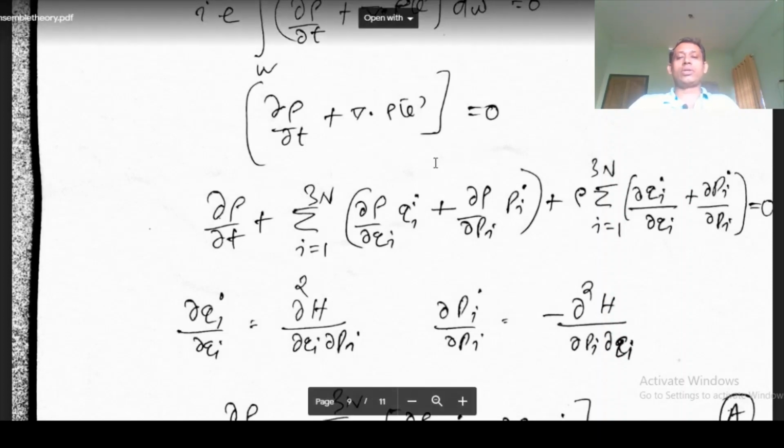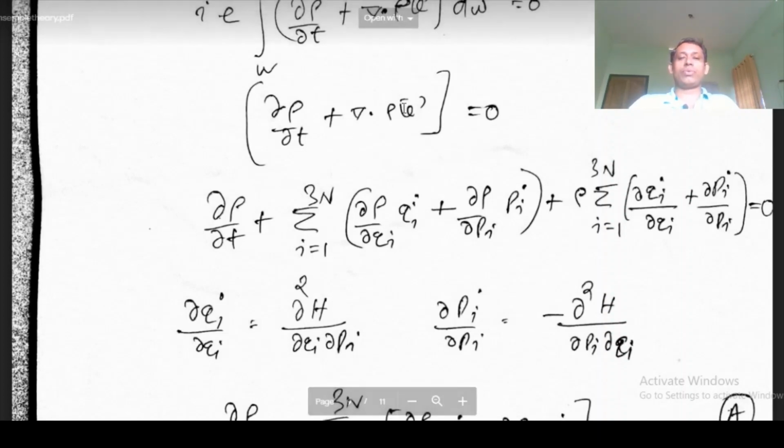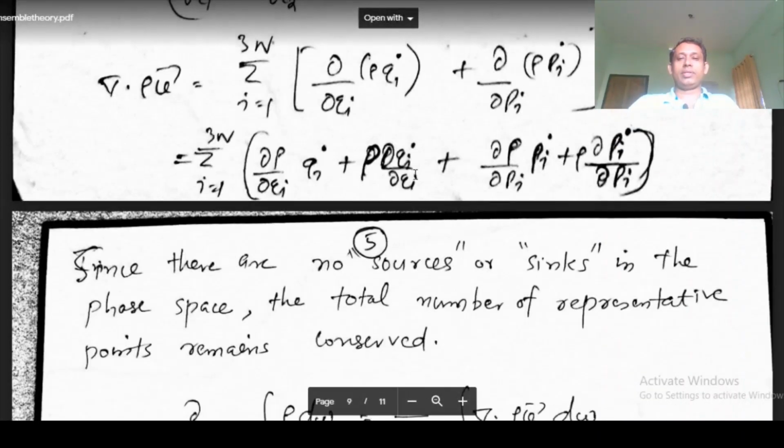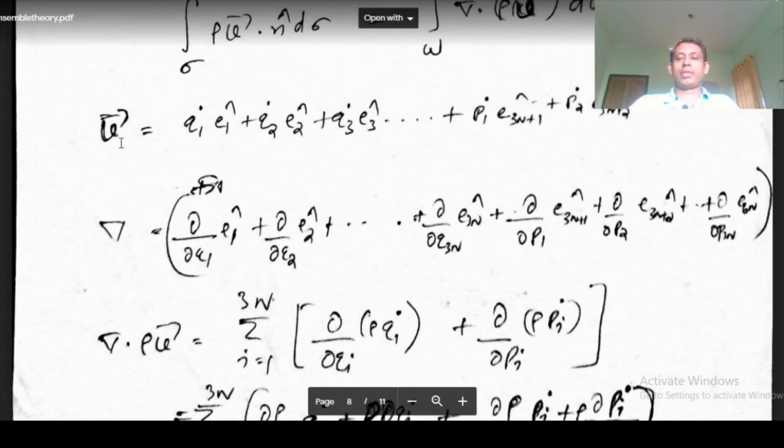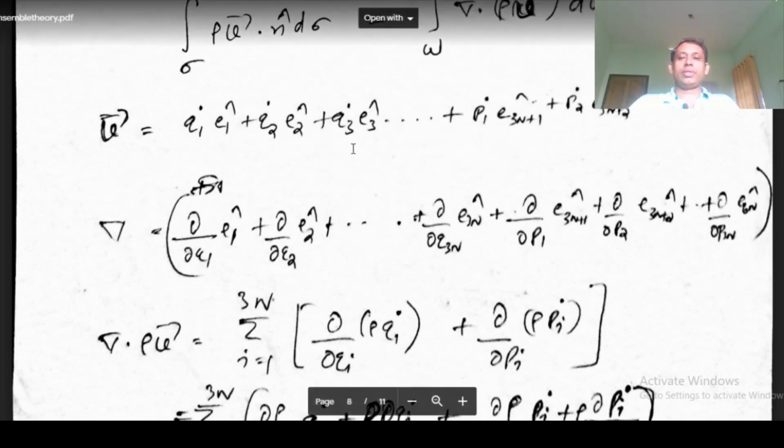So let's find out this del dot ρv, the divergence of ρv. Okay, so what is v? v is the velocity that we know. Velocity is q1 dot e1 plus q2 dot e2, q3 dot e3, up to q3n dot e3n. These are all unit vectors.